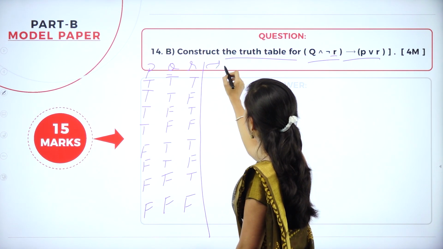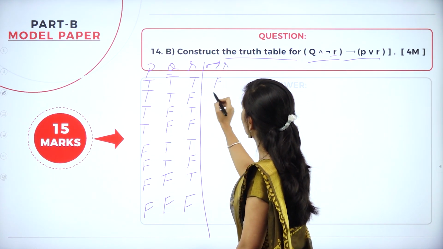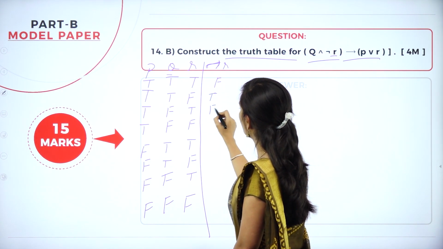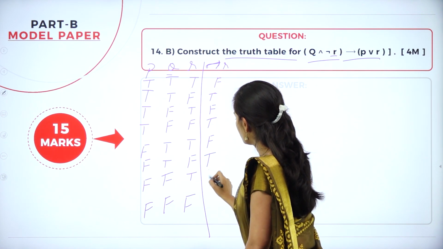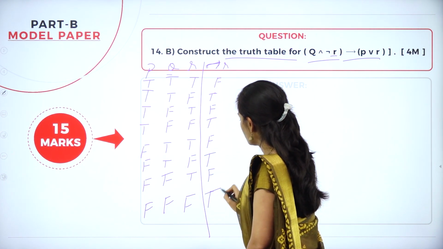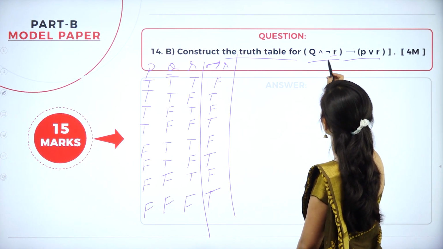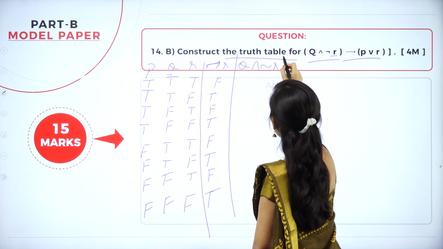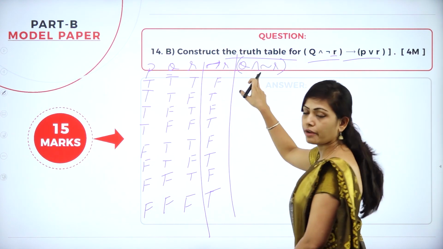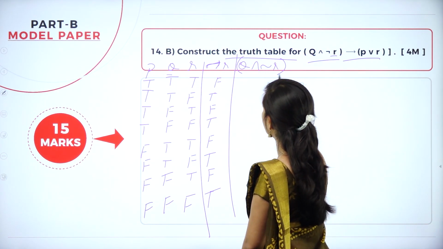So negation of R: true means false, false means true. So it is false, true, false, true, and so on. This is negation R. Next I'll find out Q and negation R. Here we have to use the AND operation, logical multiplication.